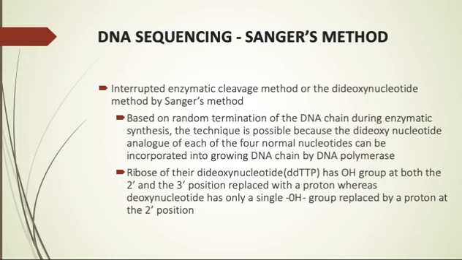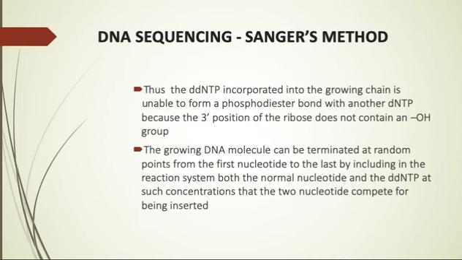So what happens then? The dideoxynucleotide incorporated into the growing chain is unable to form a phosphodiester bond with another nucleotide base because the 3' position of the ribose does not contain a hydroxyl group because it contains a proton.